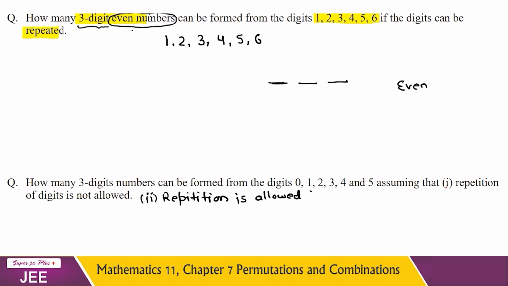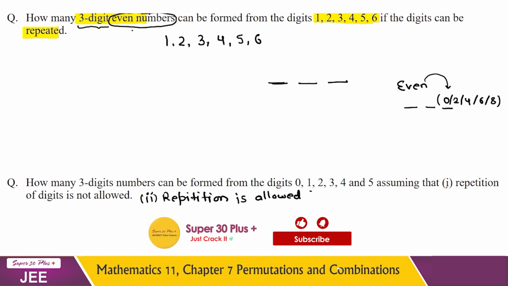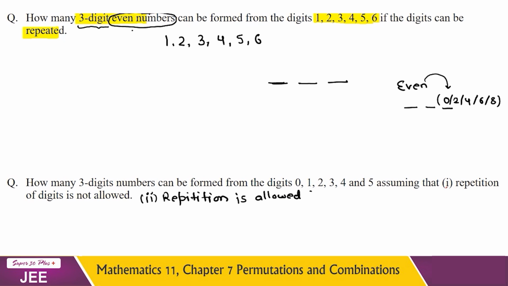Now we know that an even number has the speciality that its unit digit always contains either 0 or 2 or 4 or 6 or 8. Or we can say that it must end in 0, 2, 4, 6 or 8.